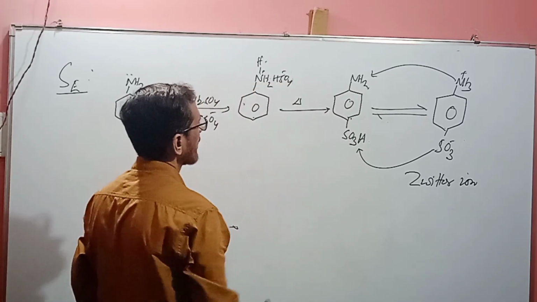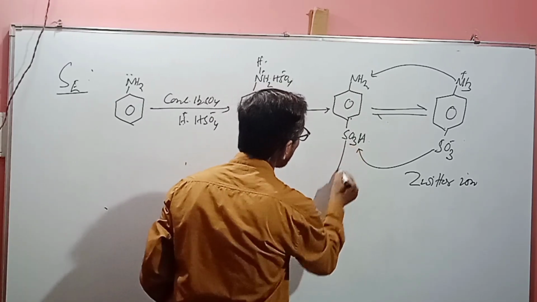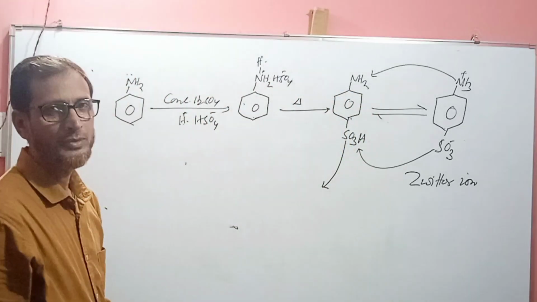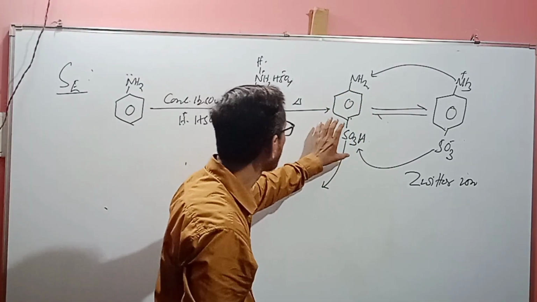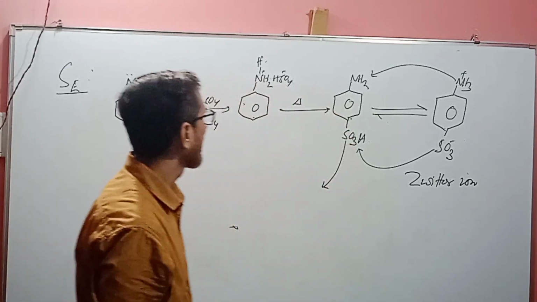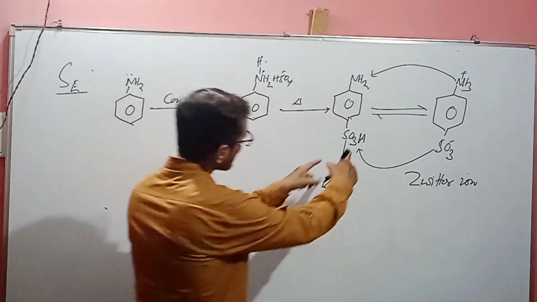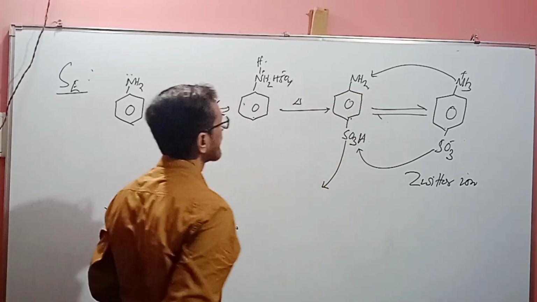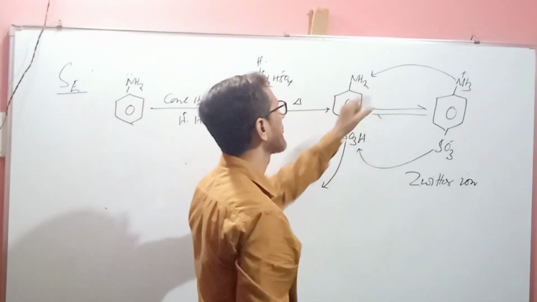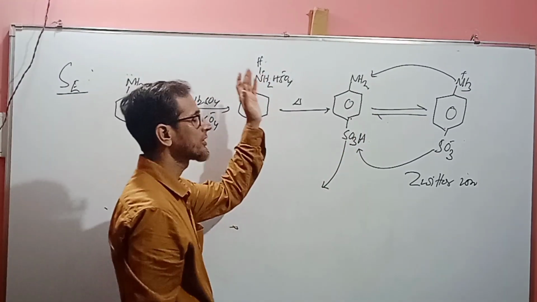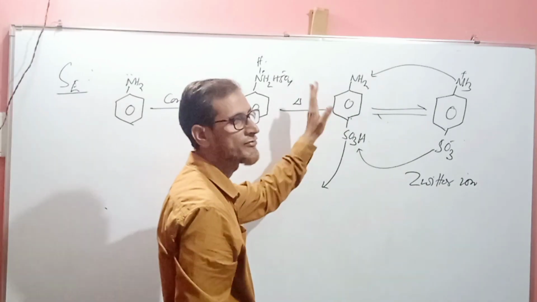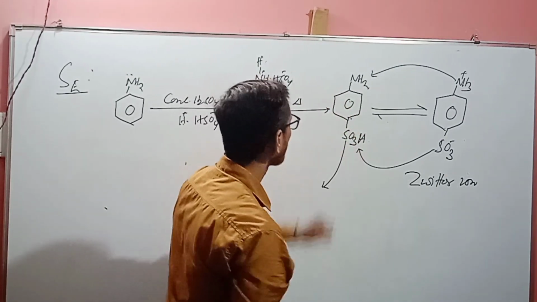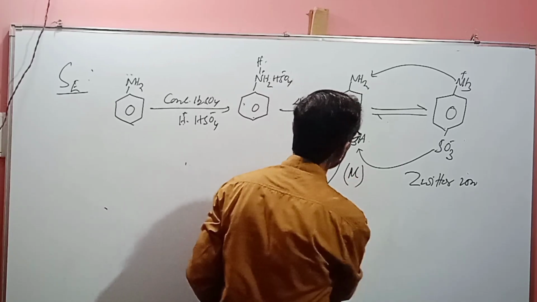Because it is not easily desulfonated. Hence, maximum of para substance is found. And number two, if it is in ortho position, there are chances of intramolecular hydrogen bonding, so this is thermodynamically not favored. That's why the para compound is major.